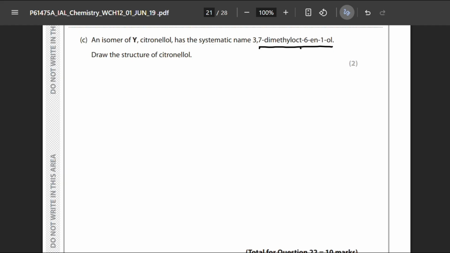It shows that it has dimethyl, it means two methyl groups. One is at the third carbon and one is at the seventh carbon. It has an 8 carbon chain, octa, having a double bond at the 6th carbon, and on the first carbon there is an alcohol. So on the first carbon there must be an OH group.